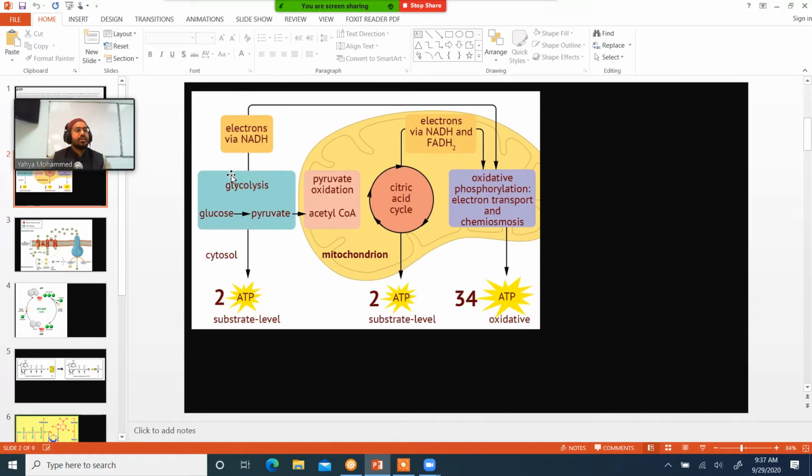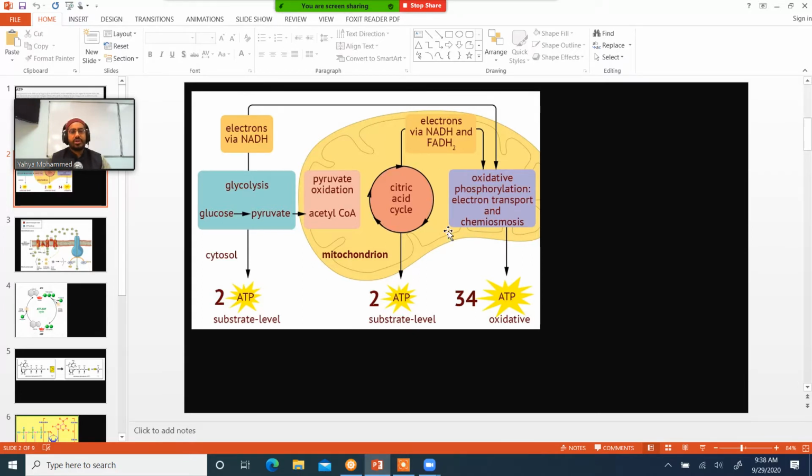But most of the energy is produced in the mitochondria. Outside, it's about 2 ATPs for every one molecule of glucose. But most of it, about 36 (2 plus 34), is produced inside the mitochondria.